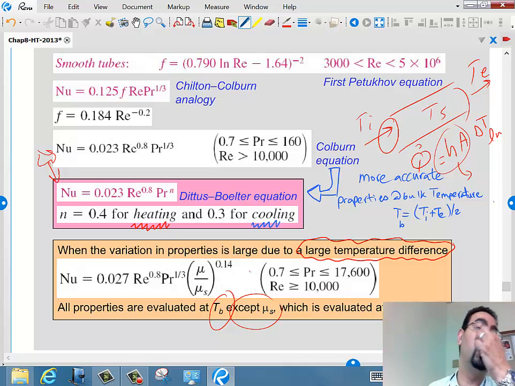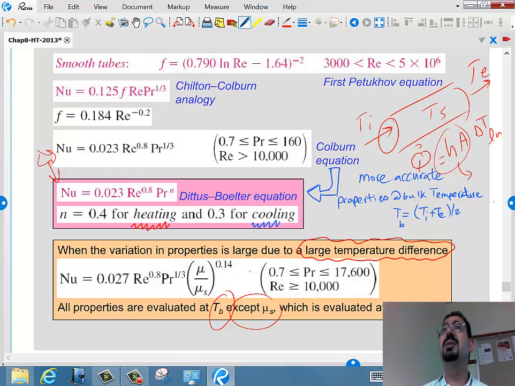And I told you all those are experimental, but they have some theoretical part inside the way they are formatted. Like, why did they multiply this by mu over mu s? Well, there is a theory behind this. They realized that if the wall is really, really hot, it will change the boundary layer. What kind of change? Well, the flow would be a little bit different. Therefore, it's the viscosity that would really do this.